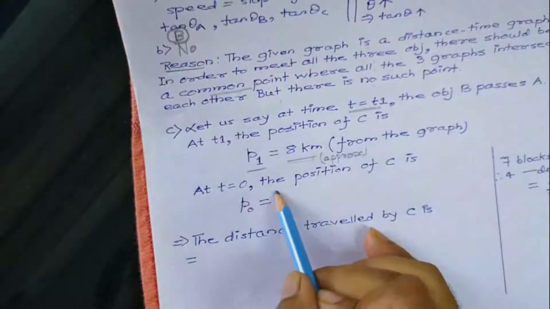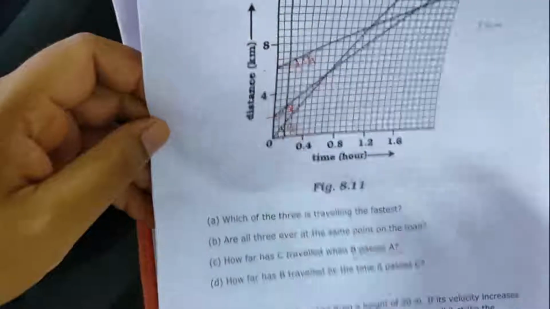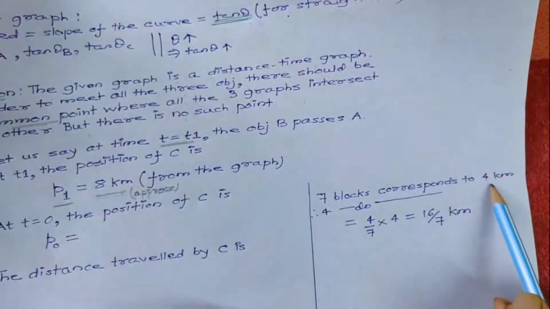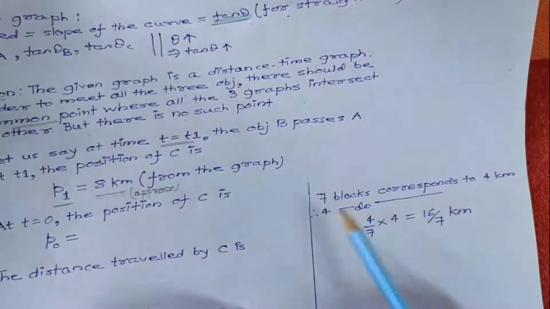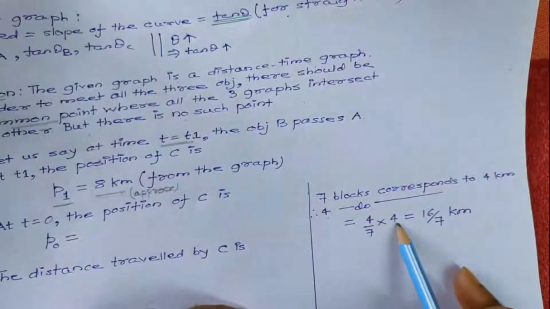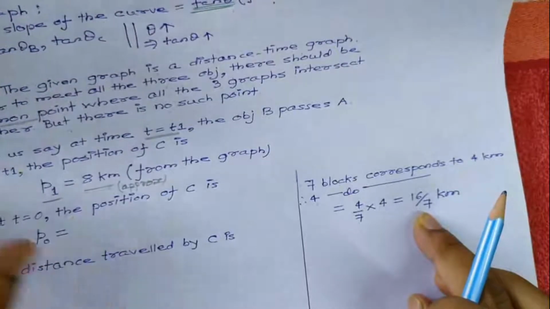At t equal to 0 the position of C is how much? This is 4 blocks. So how to calculate? We have already discussed that 7 blocks correspond to 4 kilometer. So just apply the unitary method. 4 blocks will correspond to how much? 4 by 7 into 4, 16 by 7. Okay. So we need to subtract this value from this 8 kilometer.